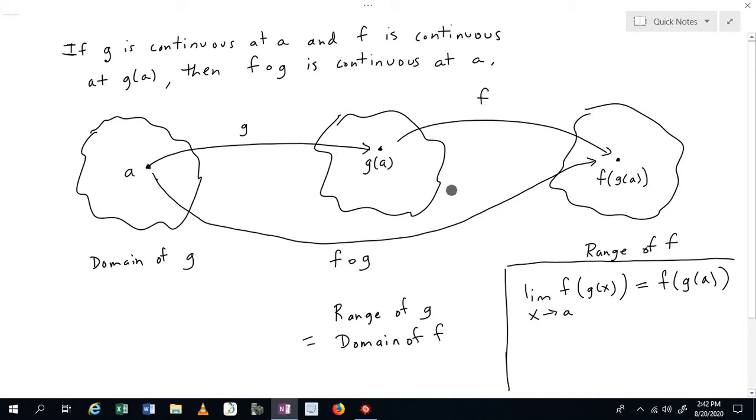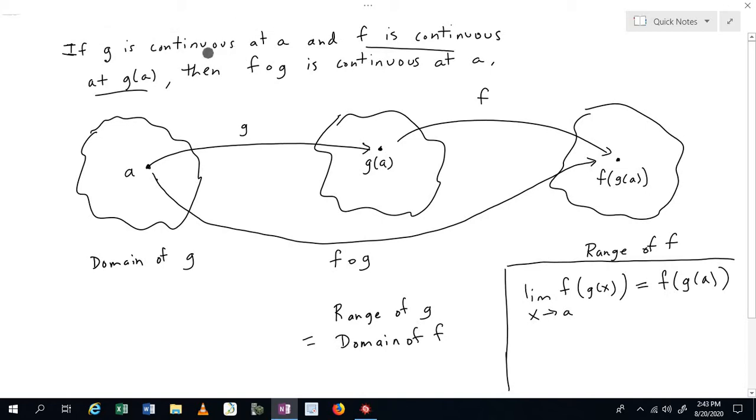Now there's a really nice result that we can pull out of this theorem that's kind of useful. Suppose you wanted to find the limit of this composition, f composed with g, as x approaches a. And let's suppose we know that g is continuous at a and f is continuous at g(a).